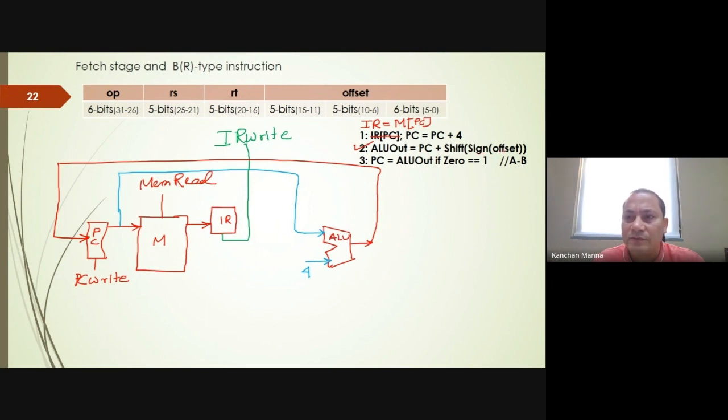So first we have to make the offset 32-bit, and then, if you remember, this offset tells about the number of instructions to be jumped. And as it is a 32-bit processor, each instruction takes 32 bits, the instruction format here is also 32-bit.